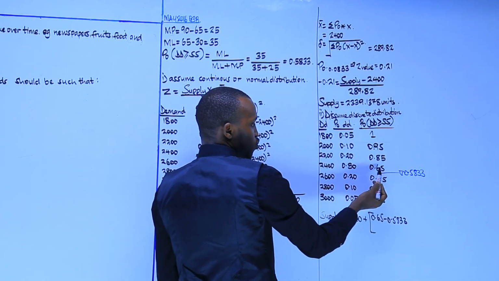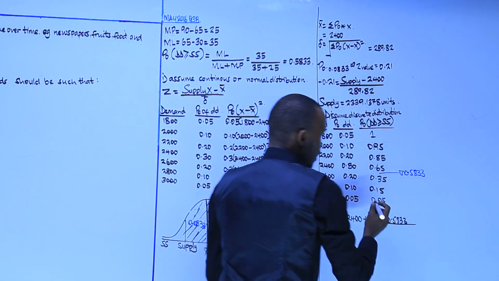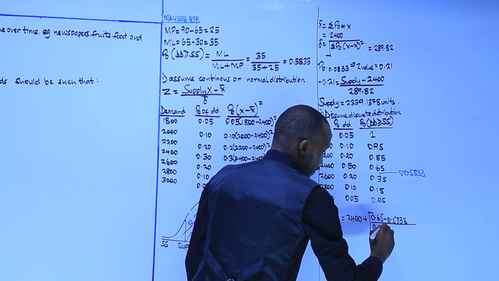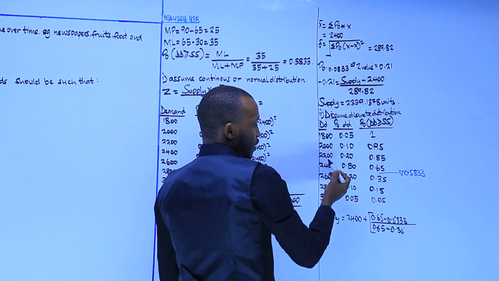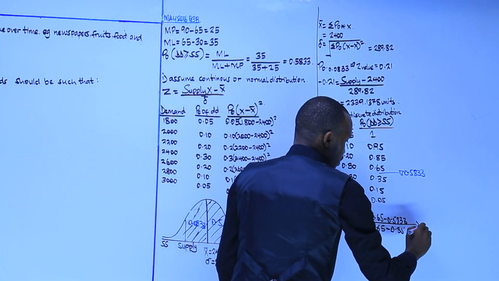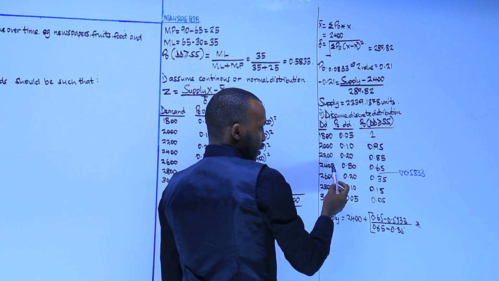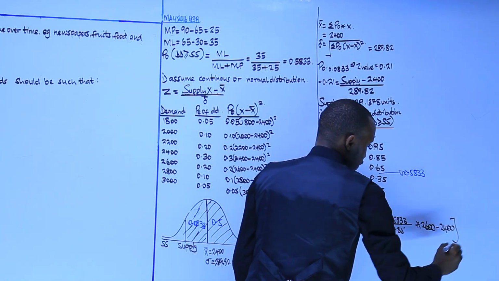You want something between 0.65 and 0.58. Divide that by 0.65 minus 0.35. Okay, then this difference, which is what? 200, which is 2600 minus 2400.